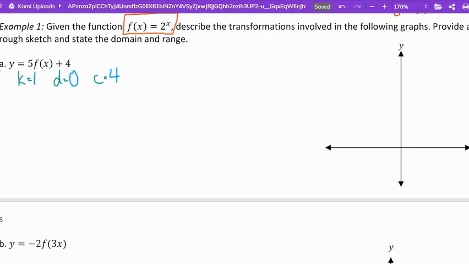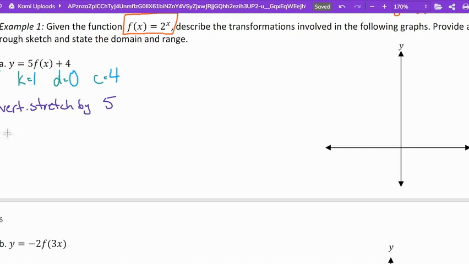So K is 1. So we really only have 2 transformations here. We first list the RS, the reflection and stretch. So the first thing we've got is a vertical stretch by 5. And then the C tells us we're moving up by 4, right?